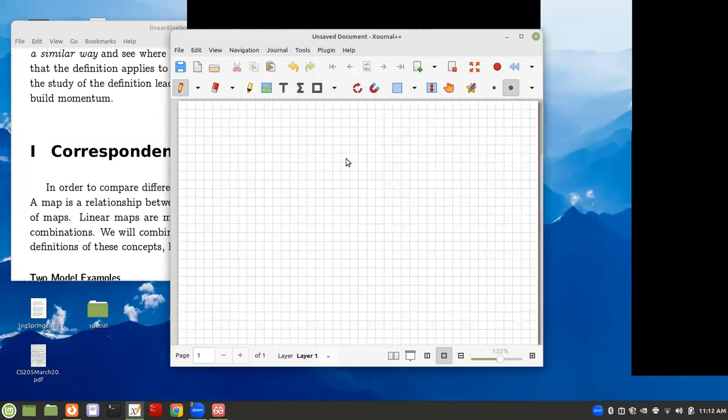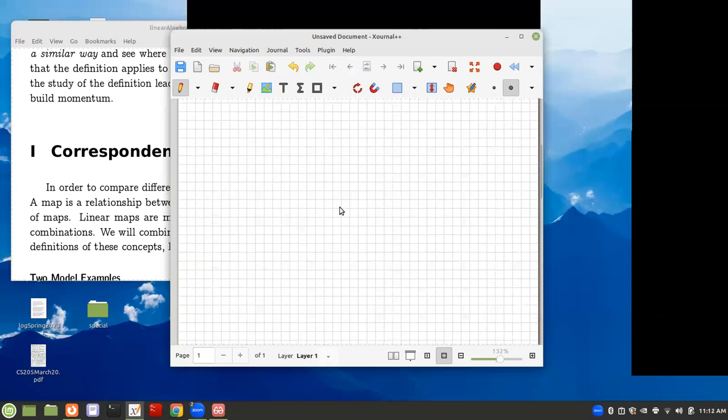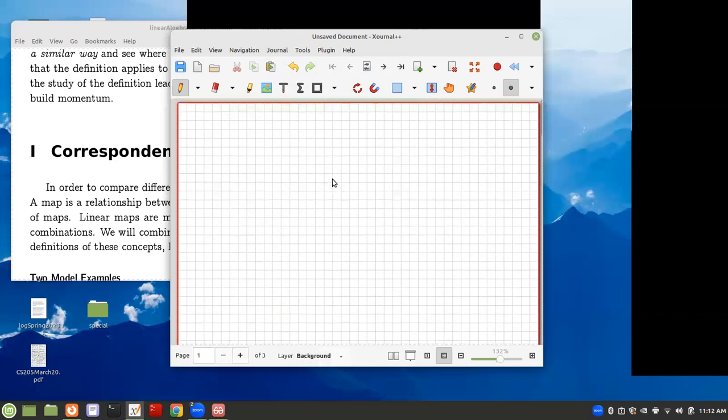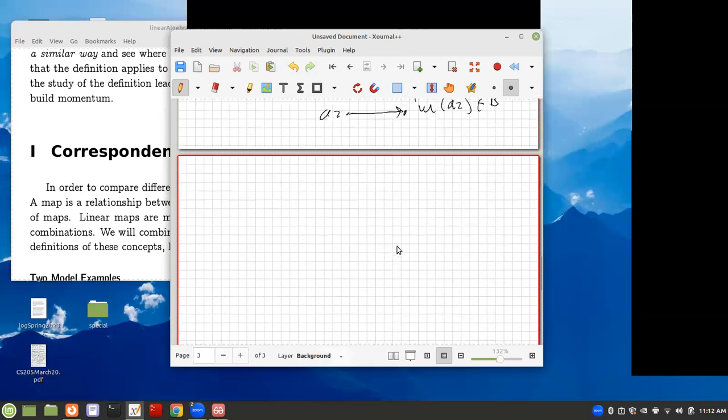So there is some concept to a map, not just any.